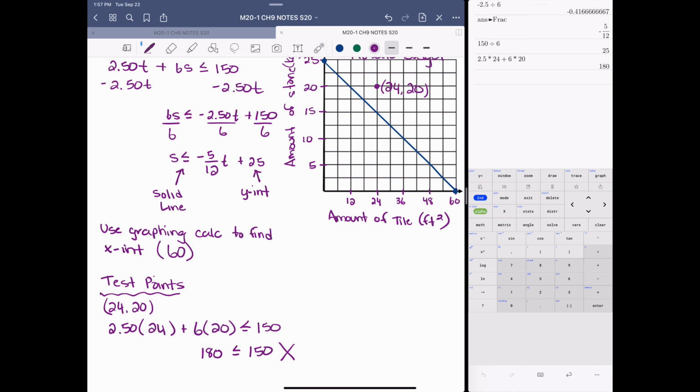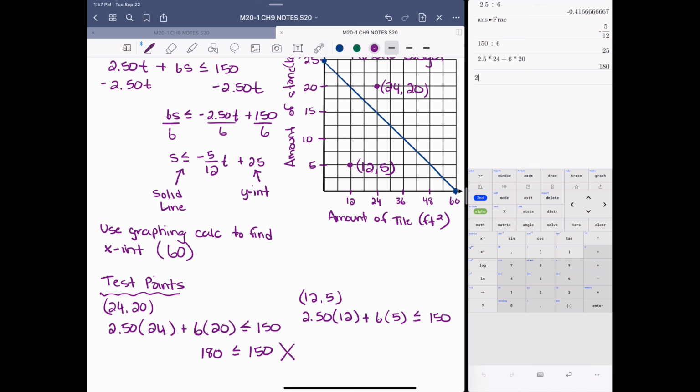So that indicates that we're going to be shading below, but let's just double check and make sure that it's true. We'll use the point 12, 5. Going to sub it in. 2.50 times 12 plus 6 times 5 less than or equal to 150.